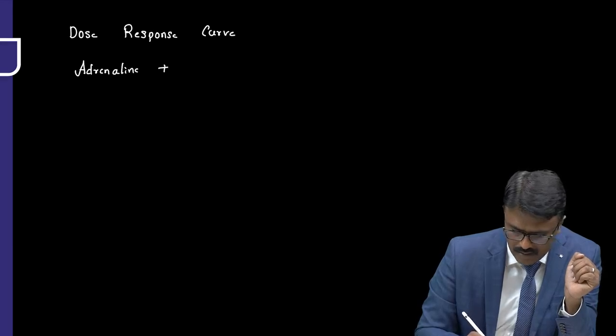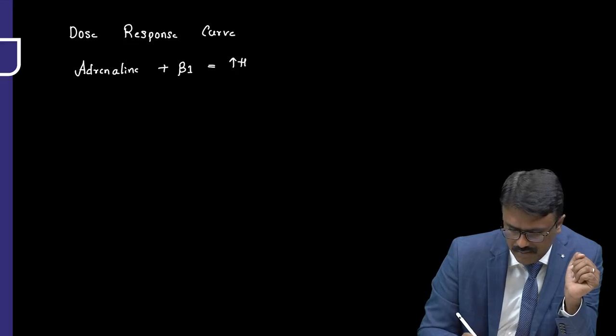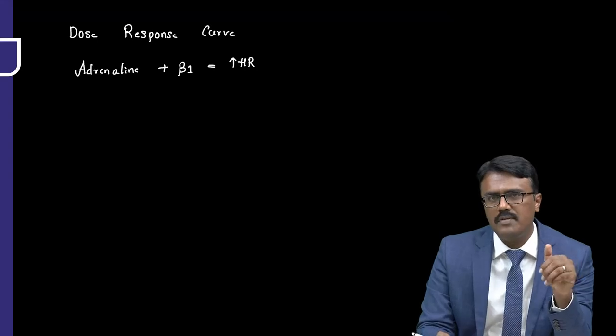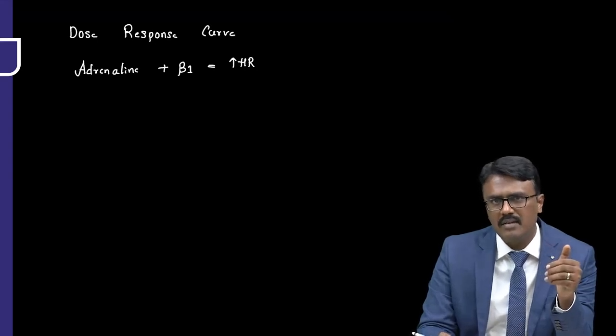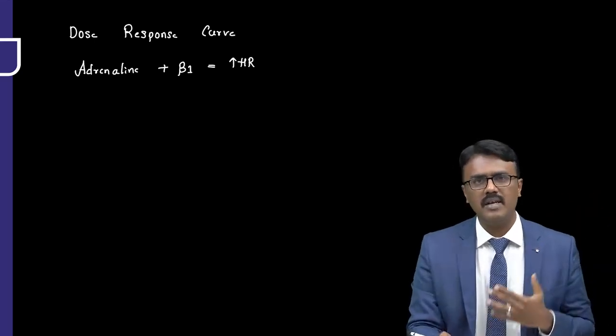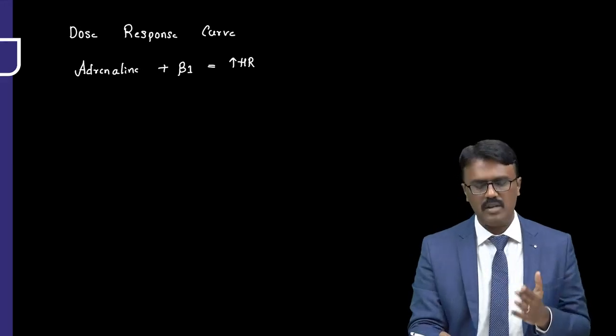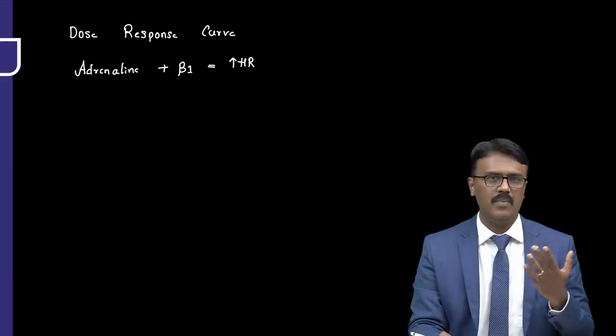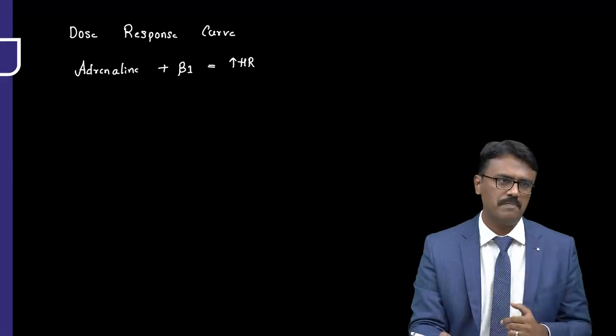When I give adrenaline, it acts on beta 1 and there is increase in heart rate. Now what happens if I increase the dose of adrenaline? The response also increases. Now if I plot the same thing in the graph, that is called dose response curve.